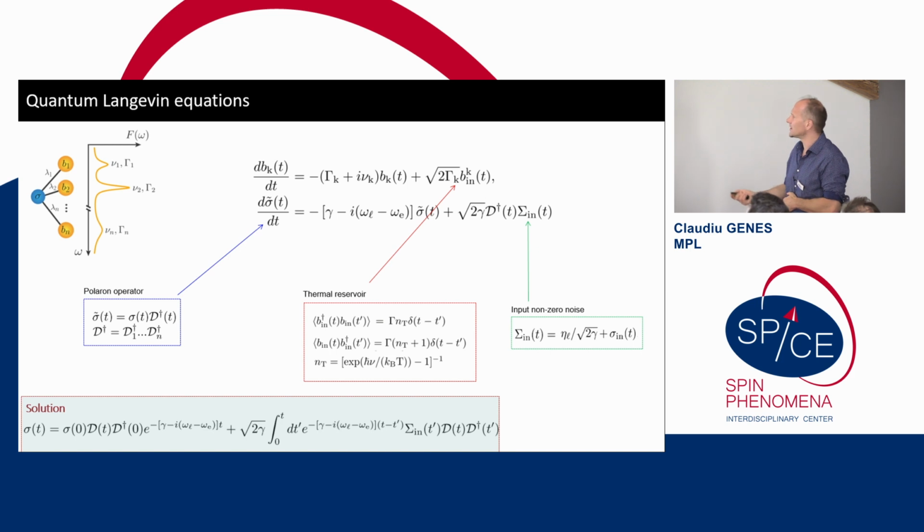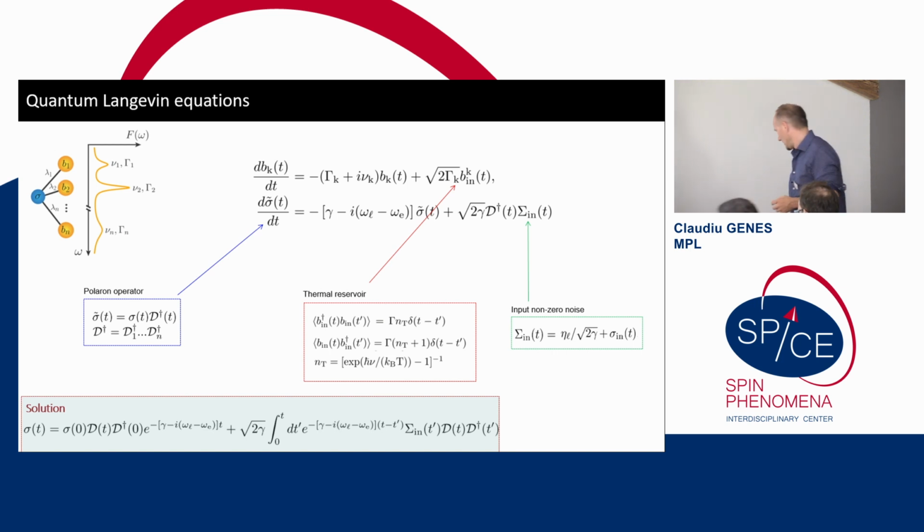So this method, these quantum Langevin equations, can include also a thermal reservoir. So we can include vibrations which are thermally excited. You can also include driving with a laser frequency, also the input noise associated with spontaneous emission. And one can find the formal solution. From this formal solution, one can follow the standard quantum optics techniques to calculate two-particle correlations and calculate spectra and everything else.